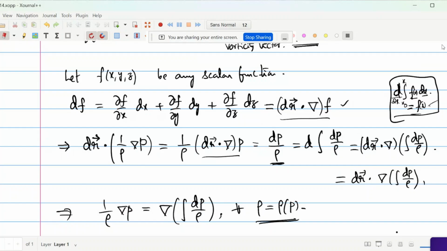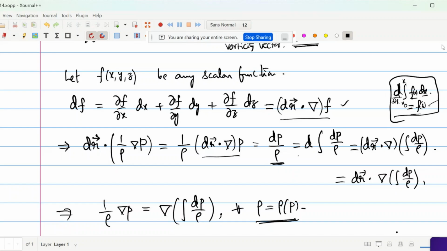Overall, don't worry about this one-variable case that may be confusing for you, so that you are writing d dx. Here you have multivariables. P is a function of, after all, dp. Forget about D. What is dp? Dp is, after all, dou P by dou x into dx plus dou P by dou y into dy plus dou P by dou z into dz plus dou P by dou t into dt, because P is a function of x, y, z and t.